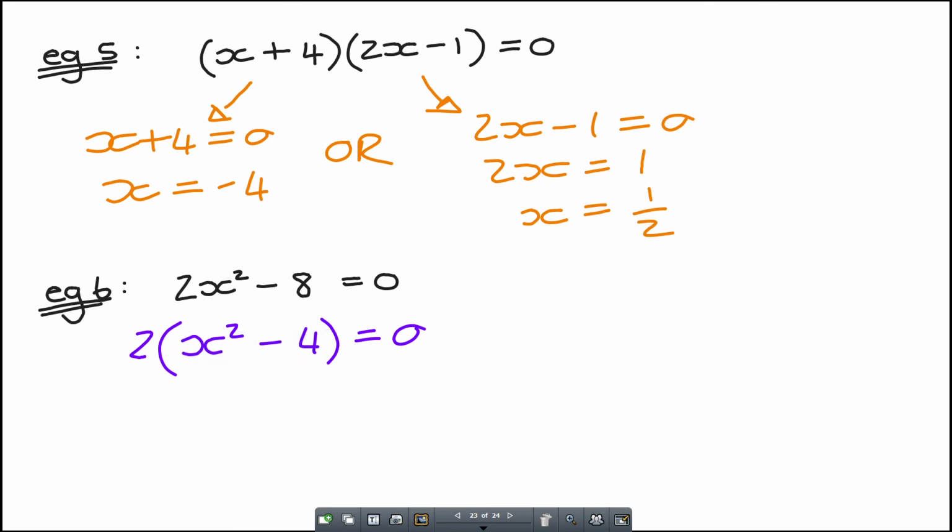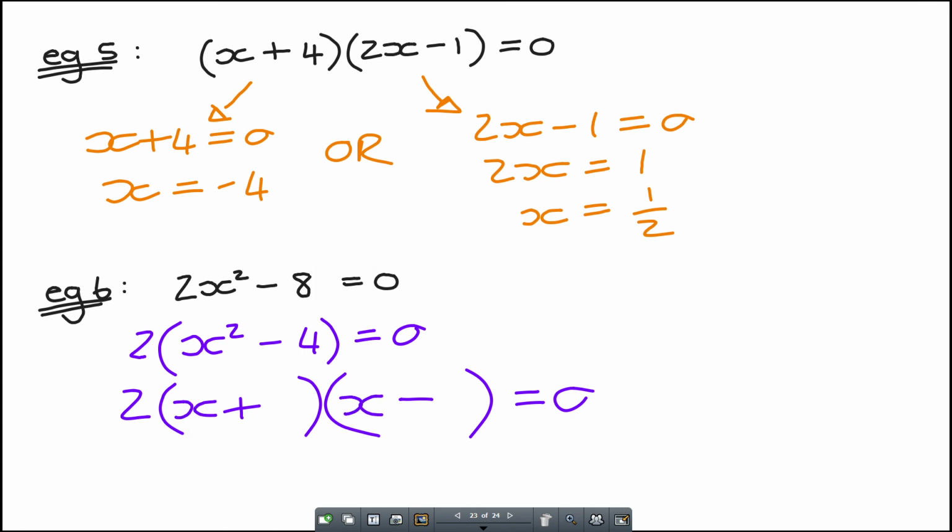So this will be 2 new brackets. One with a plus, one with a minus. Square root of x squared is x, and square root of the 4 is 2. You guys fine with that? Now we factorized fully. Now what's our last step? We make each bracket equal to 0.